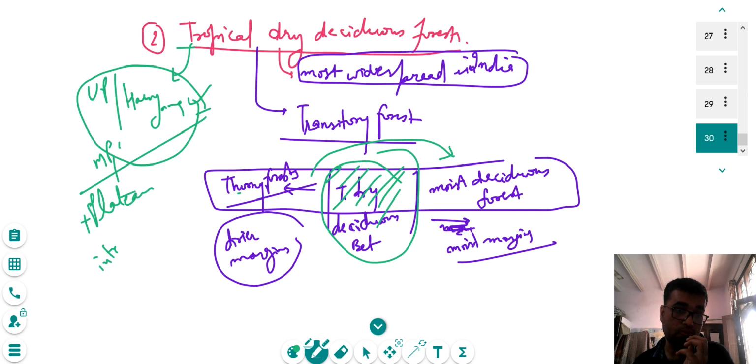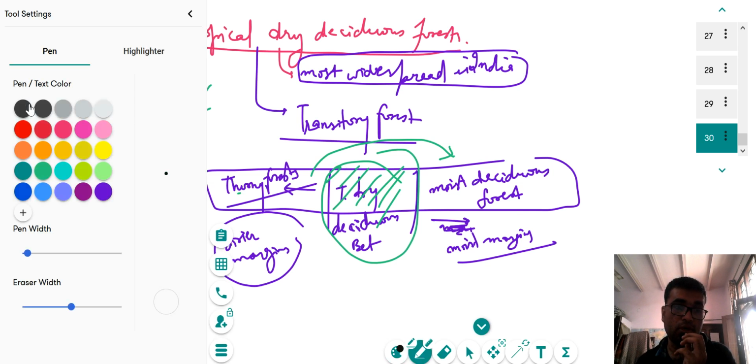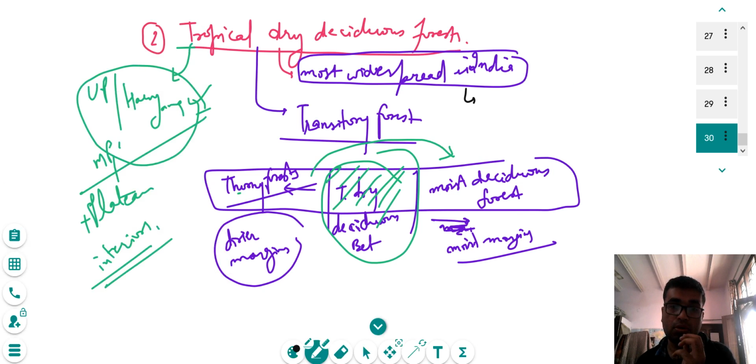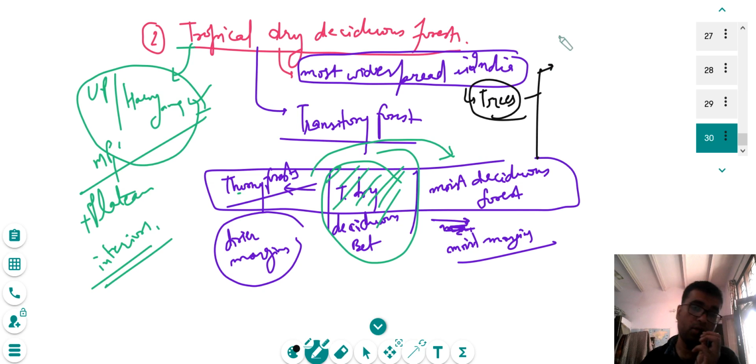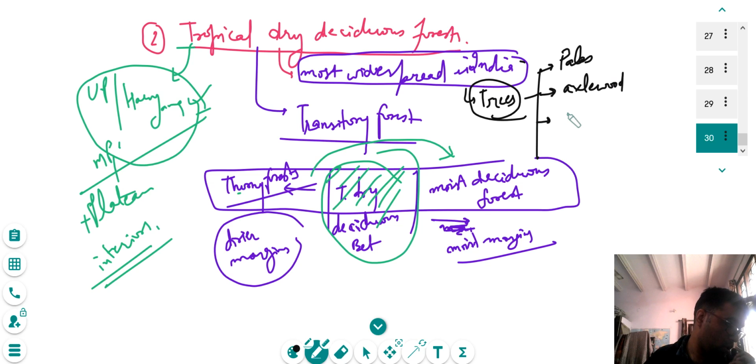Plateau interiors also. So this is the region where these forests are found, and the main trees found in the tropical dry deciduous forests are the palas, axlewood, amla, and rosewood.